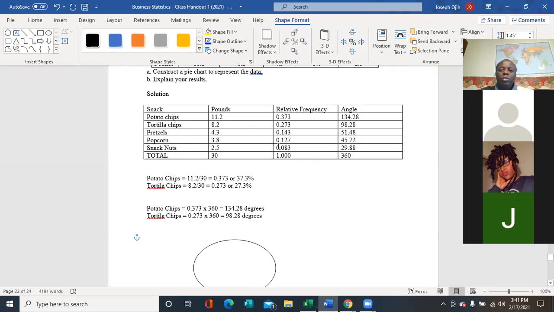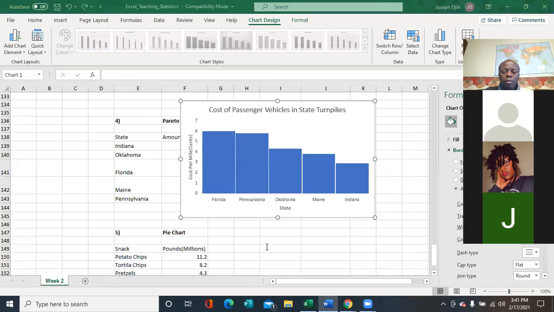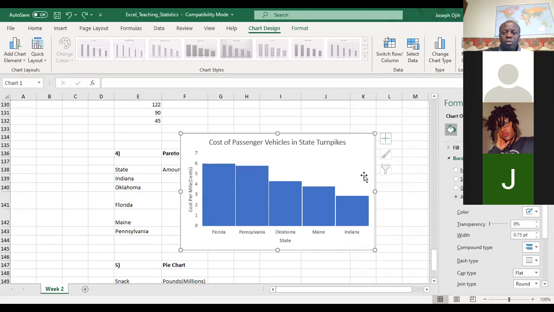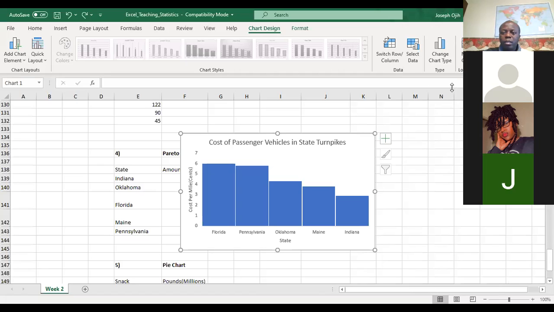If you're using Excel, you don't need to calculate relative frequency or angle. All you need is the snack and the number of pounds consumed. Then Excel will do the rest. Let me take you to Excel so we can draw it and make our interpretation here. Let me move this so I can clear this side.